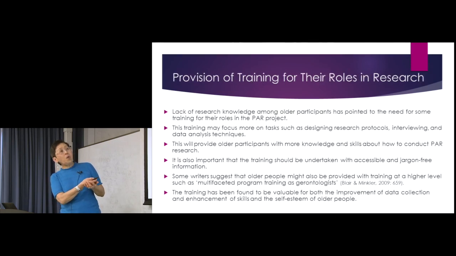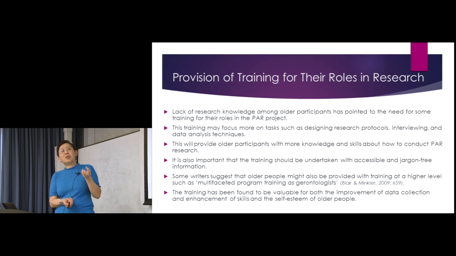Now, for all the people, they may not know how to do research. They may not have any experience in doing research before, but they are happy to take part in your PAR project. So provide some training. And you don't have to train them on everything. When the flexibility comes in, if they are more interested in helping you with data collection, then provide some training about data collection.